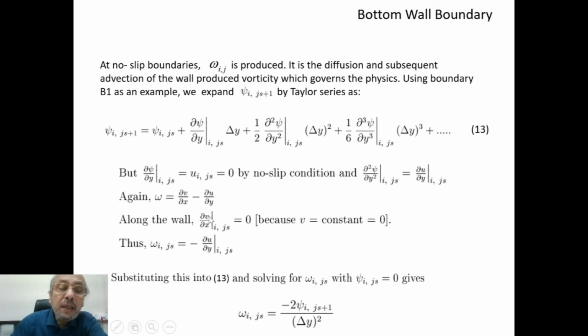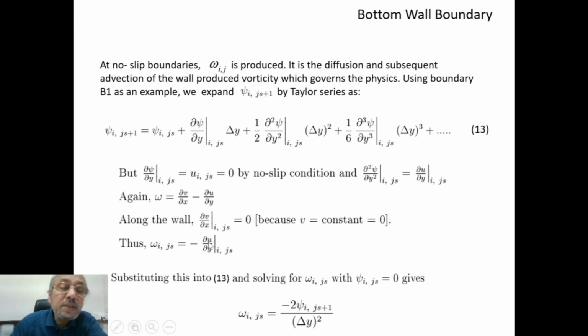Along the wall, del v del x is 0 since v is 0 all along. Now in this equation for omega, if we substitute del v del x as 0, then omega at ijs, that means at the wall, becomes minus del u del y at ijs.